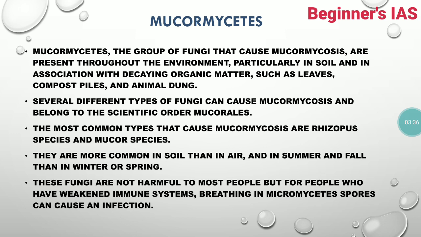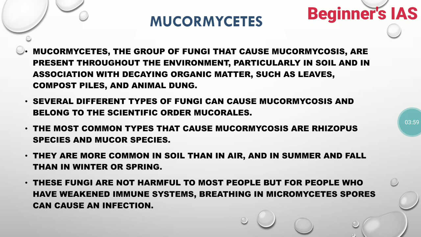The group of fungi that causes mucormycosis is present throughout the environment, particularly in soil and in association with decaying organic matter such as leaves, compost piles, and animal dung. Several types of fungi can cause mucormycosis and belong to the scientific order Mucorales.